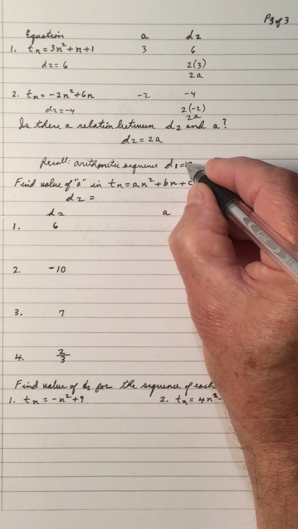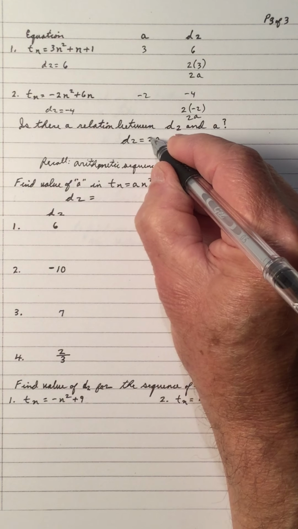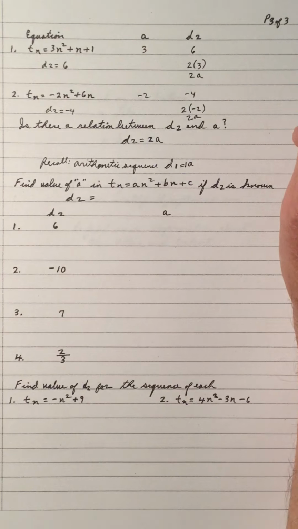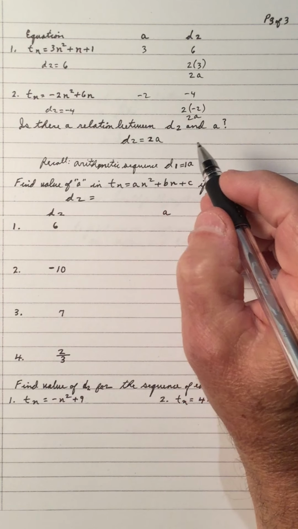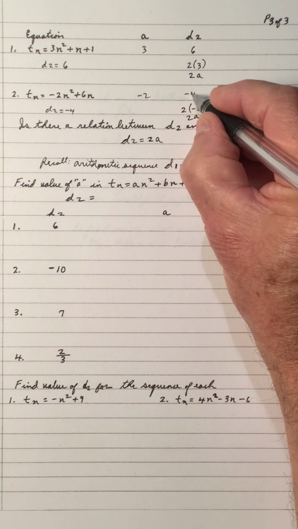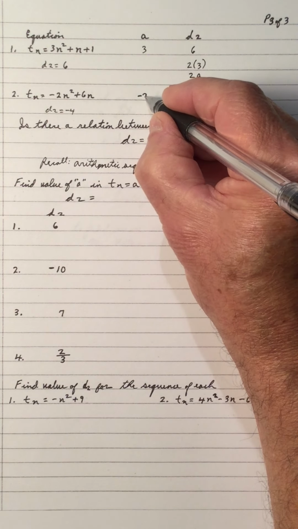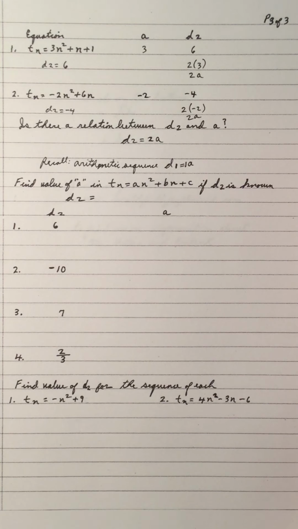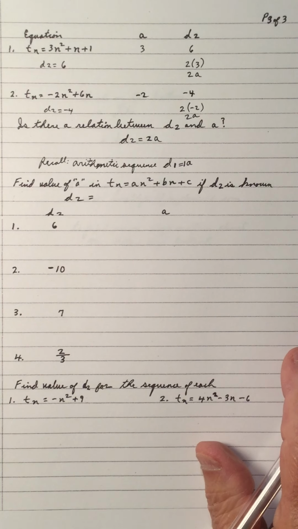So D1 is 1A. In a quadratic, D2 is 2A. That's a little way that I remembered. Now there's a reason for that, but I need to do more math to explain why, and we don't have the background to explain it, but I'm just developing a pattern. So D1 is 1A, D2 is 2A. Good way to remember it.